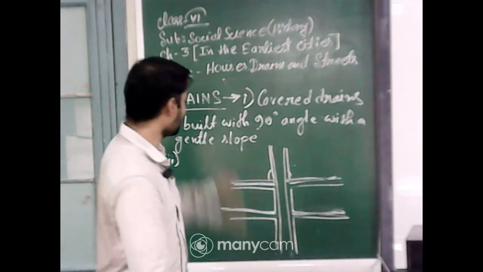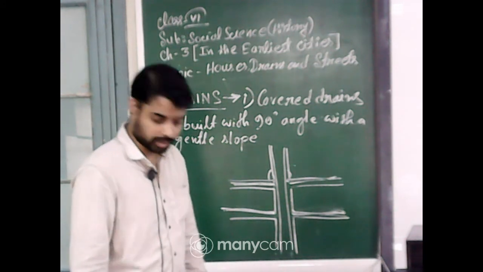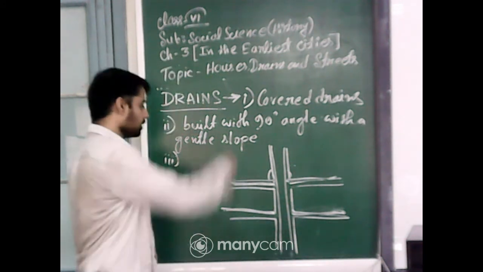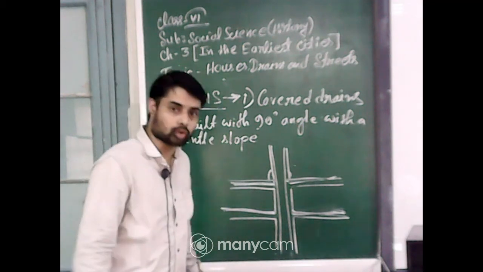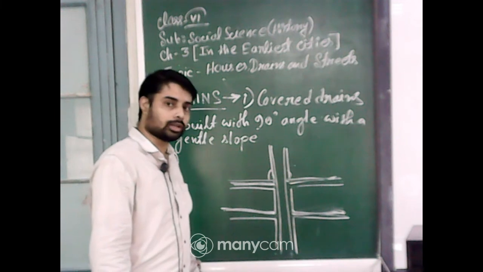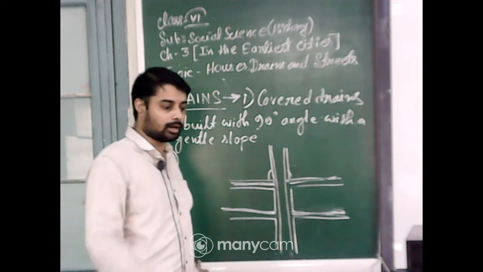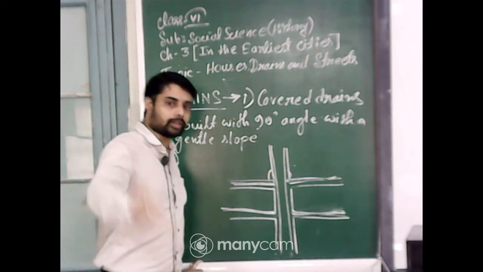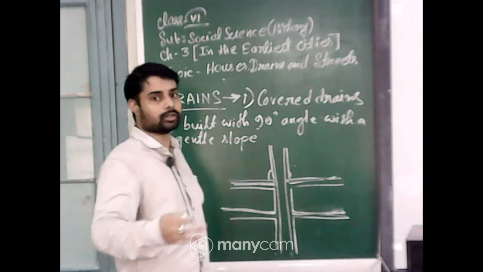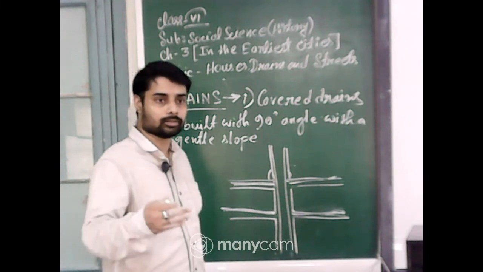So these are the main features of the Harappan drainage system. Each of these drains had a gentle slope for the water to flow, and there were also soak pits at regular intervals to prevent any deposition.